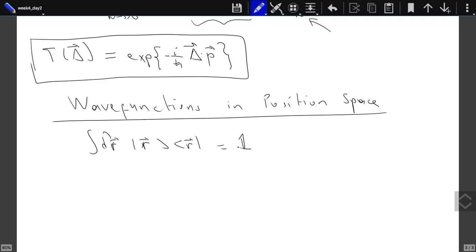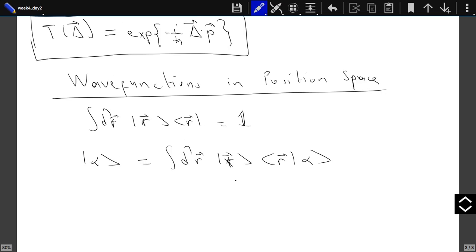This is the unit operator. So whatever state we have, we can always write as the integral d cubed r, |r><r|alpha>. This is what we call psi of r. This is my wave function.